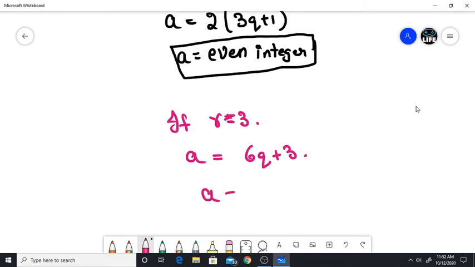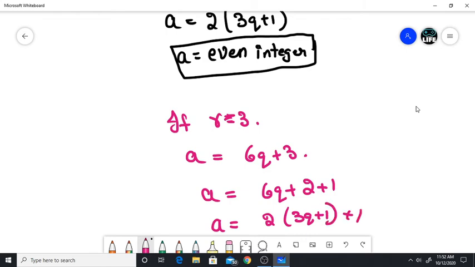So we can write it as 6q plus 2 plus 1. Taking 2 as common, 2 into 3q plus 1, plus 1.